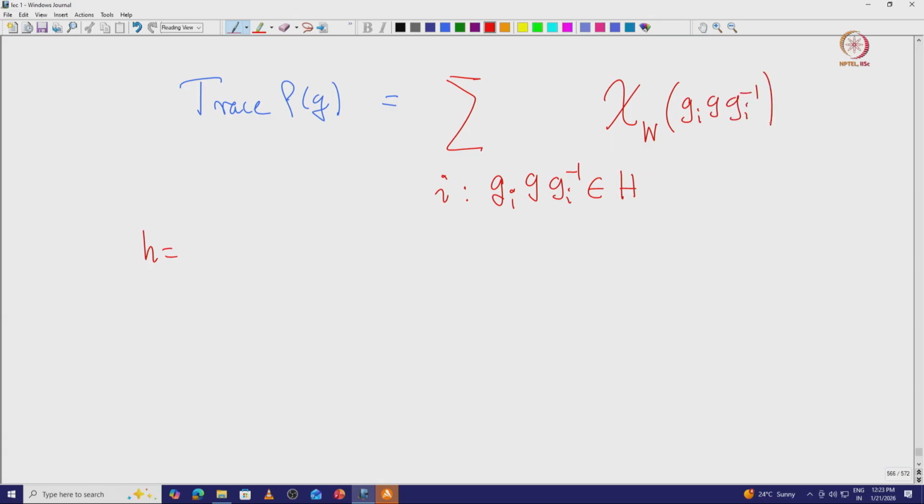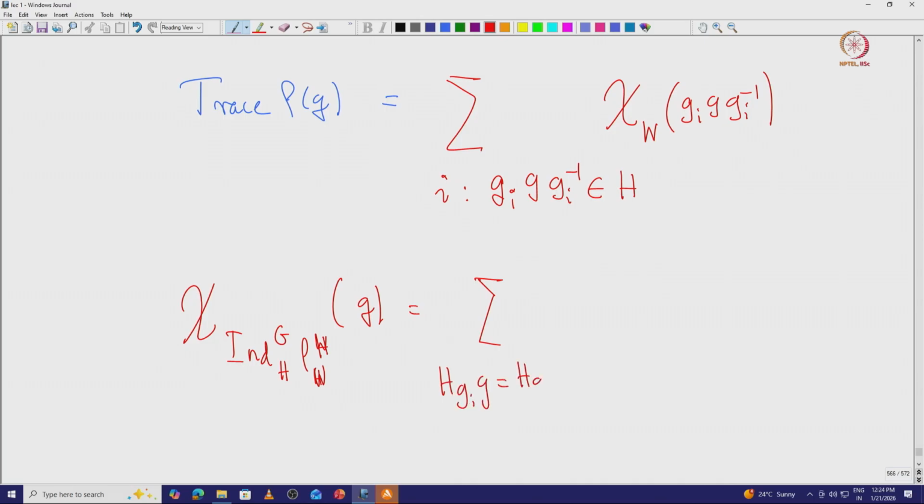So, that means the trace of the induced representation at the value g is given by summation over all i such that g gi equals h gi, of chi W of gi inverse. It is an easy exercise to rewrite this, so I will leave it as an exercise.